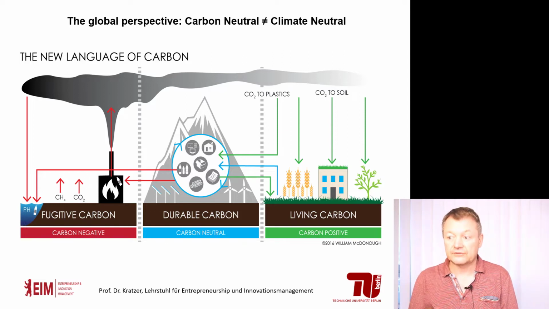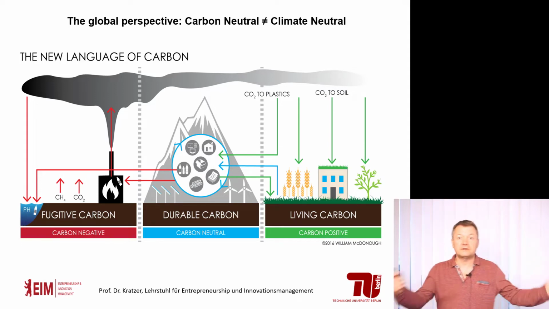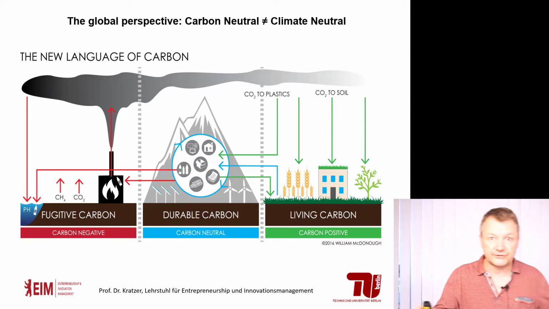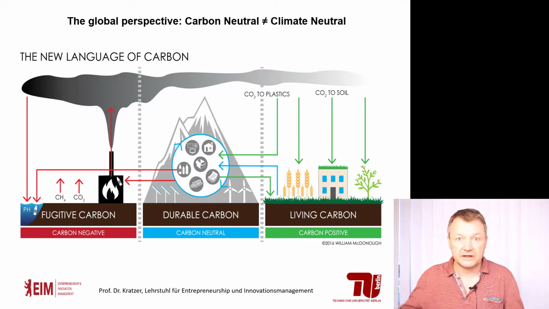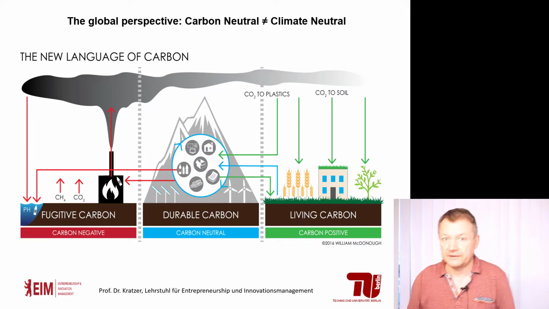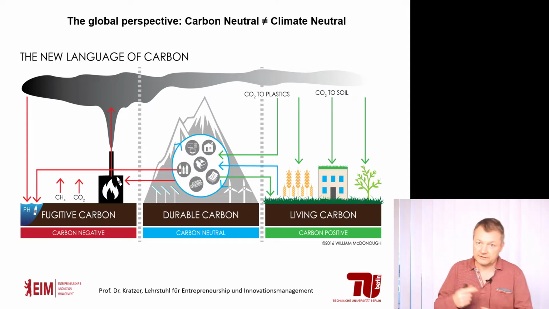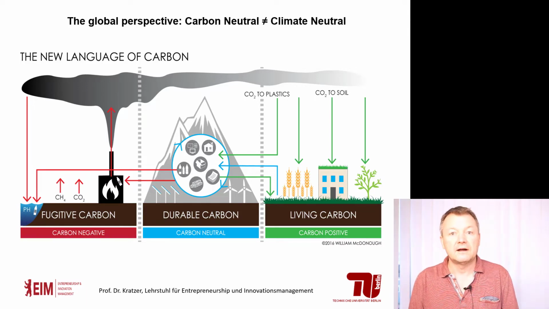So in this graphic we are looking at durable carbon. That's all the material the car is made of. All that material contains a certain quantity of carbon, which will be released over hundreds of years or some decades. It takes a very long time, unless we are in a circular industry and reuse everything which was used by the car.